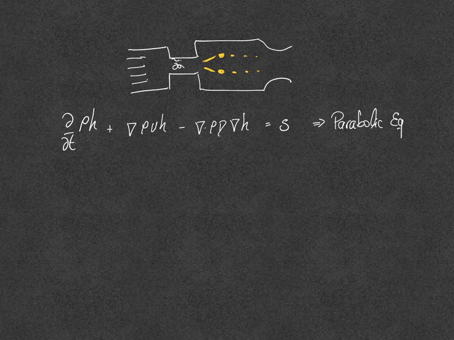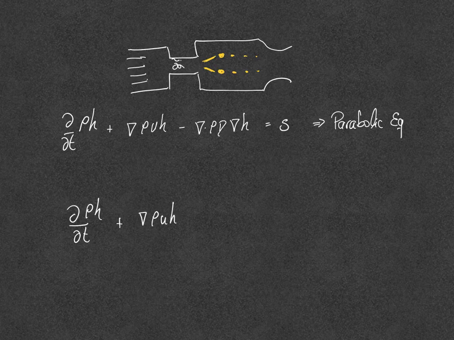In that case, the problem is also unsteady and convective, but the convective part is very large in comparison to the diffusive part, and the diffusive term is also small because of some properties of the fluid, so we can express this equation like this.